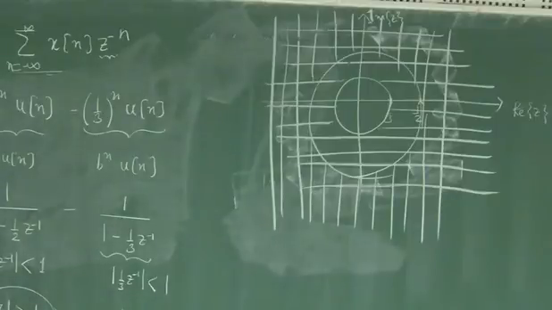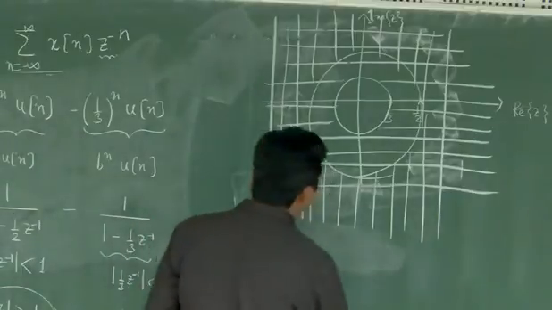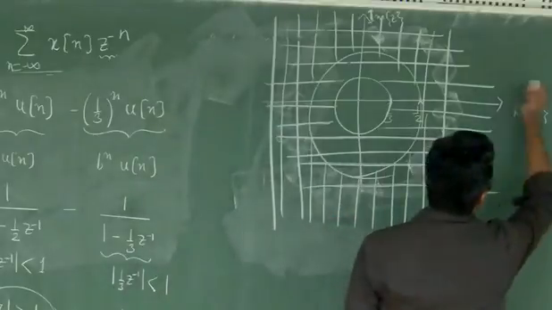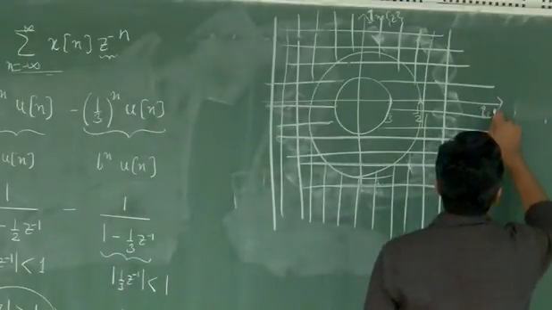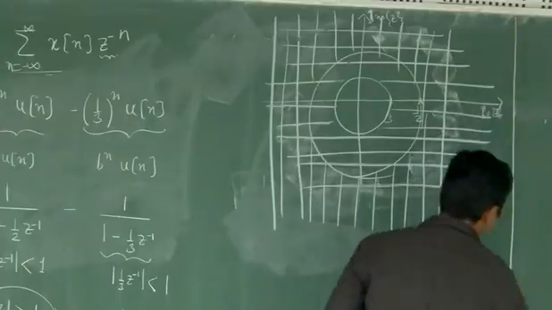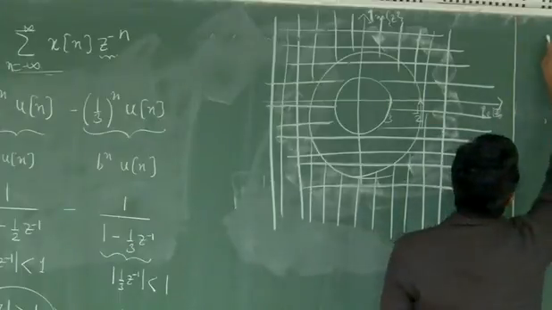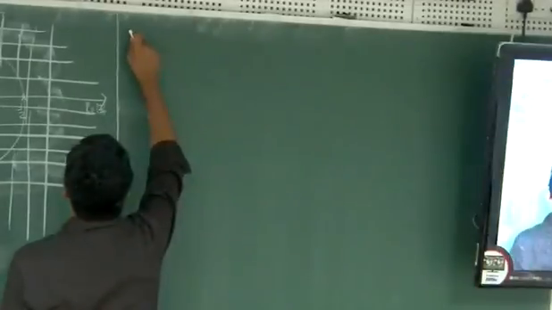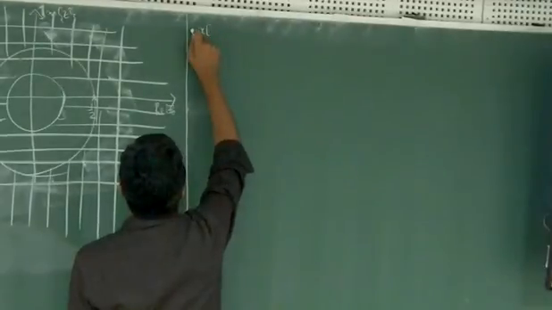Now just so this is completely clear, let's look at another example to show you this intersection idea of the ROCs. So let me write it here. Okay. So what is the next example we have? X of n.